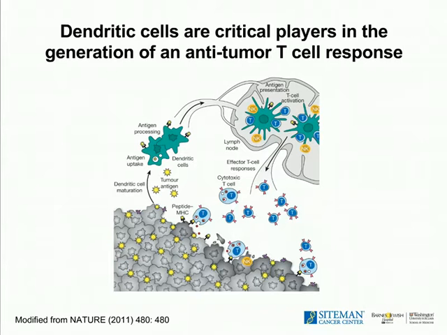The cells are usually in an immature state, and by sensing signals from pathogens, bacteria or viruses, or also from other cells, these cells undergo a maturation process, and they are able to migrate, usually from the periphery. They go to lymph nodes and take antigen, and in the lymph nodes, they then act to activate T cells.